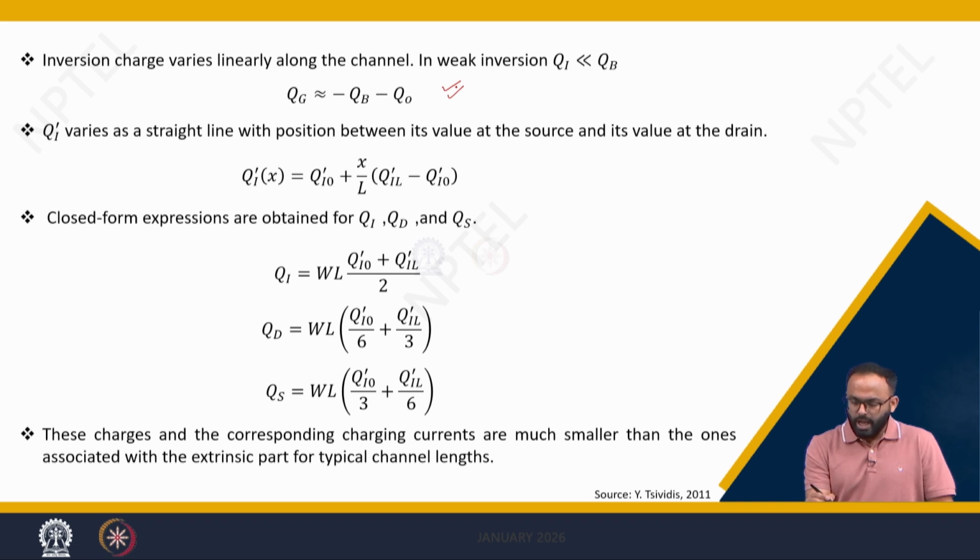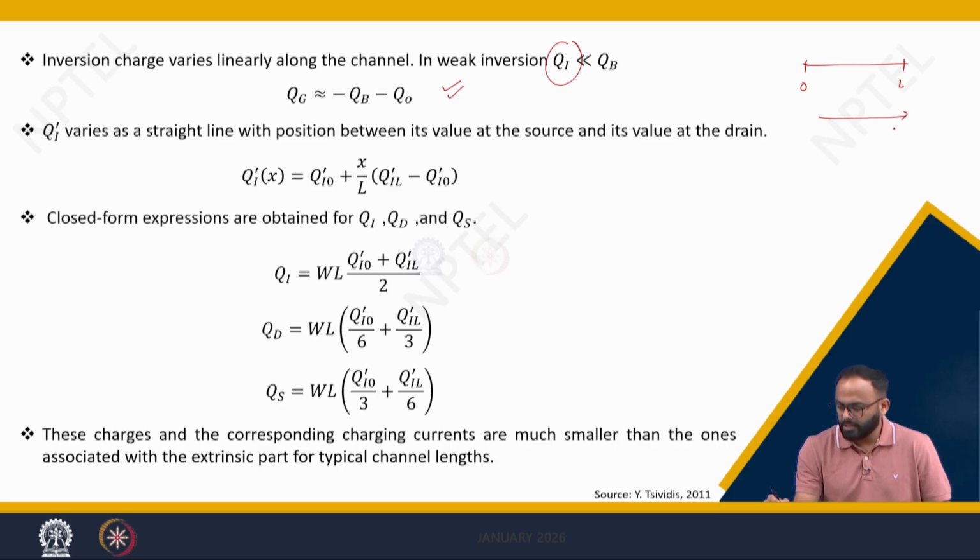Now let's see how we can find the inversion charge. Though the inversion charge is small, it is there in weak inversion. So we need to find the inversion charge along the position x. This is 0, this is L, and this is the direction x. This side you have the source, and this side you have the drain.